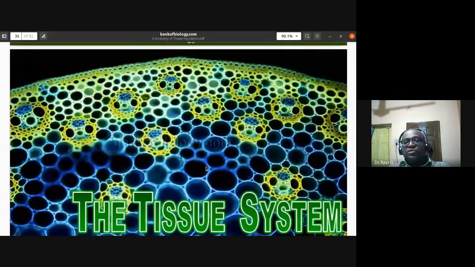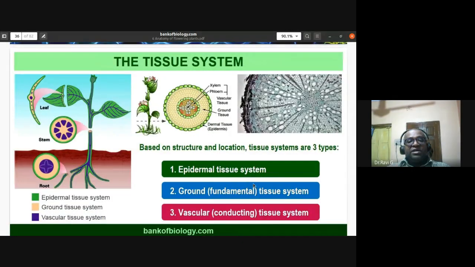So the tissue system, we'll try to understand. After meristematic tissue, they mature to form the epidermal tissue system, the ground tissue system and the vascular tissue system.